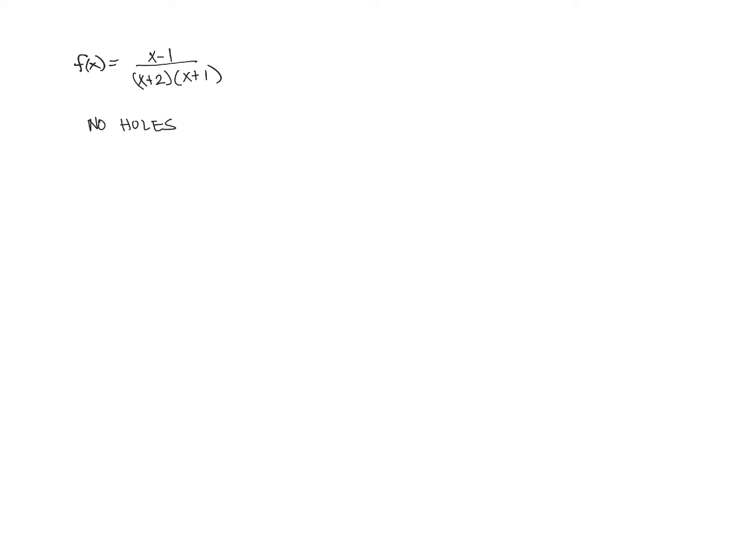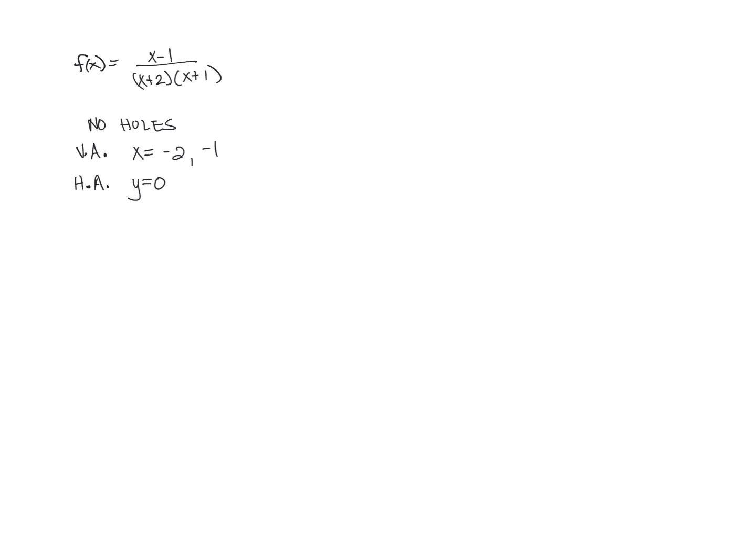We know that our vertical asymptotes come from where the denominator is equal to 0, so that would be negative 2 and negative 1. For our horizontal asymptote, we compare the degree of the numerator to the degree of the denominator, and we notice that it's bottom heavy, so that means that this is at y equals 0.